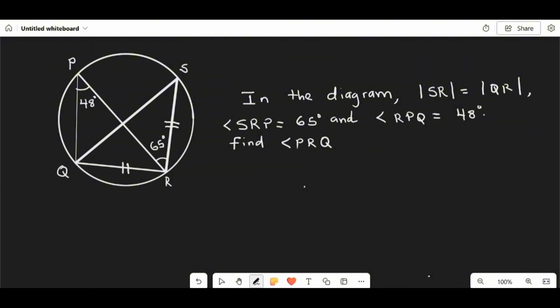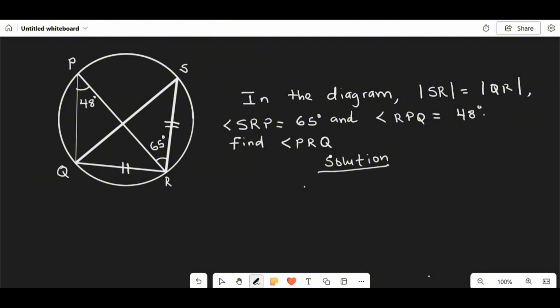This angle. Solution. You will see that in the diagram, our angle RPQ and angle QXR are angles at the circumference, and both are standing on the same arc QR. By the angle in the same segment theorem, angles standing on the same arc are equal.